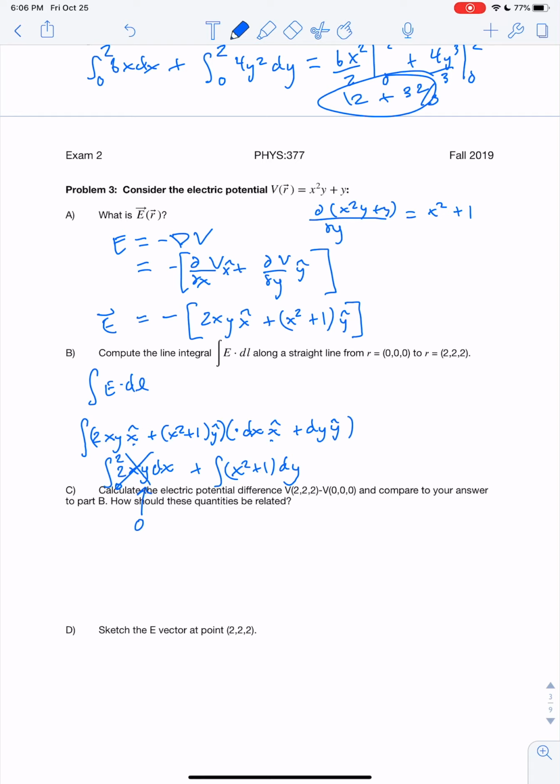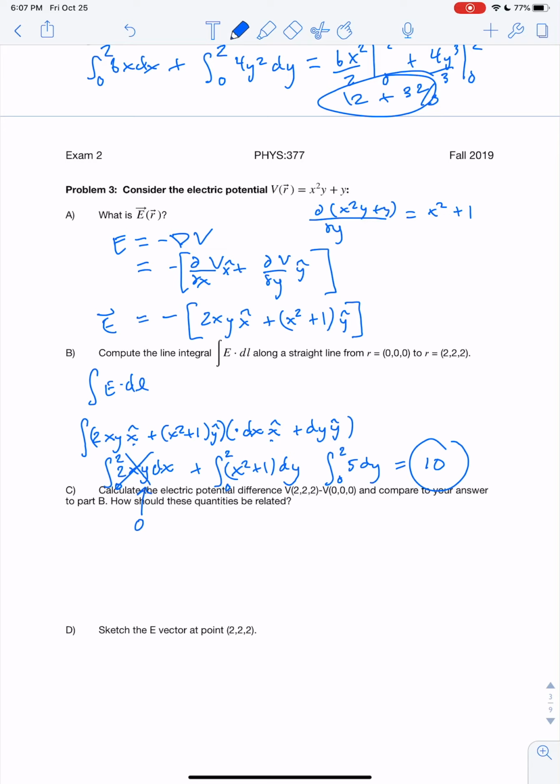Then we integrate from 0 to 2 in the y direction, but we're at x equals 2 at that point. So this becomes the integral from 0 to 2 of (2 times 2 is 4, plus 1 is) 5 dy. So that's 10. And that's the answer you get here.